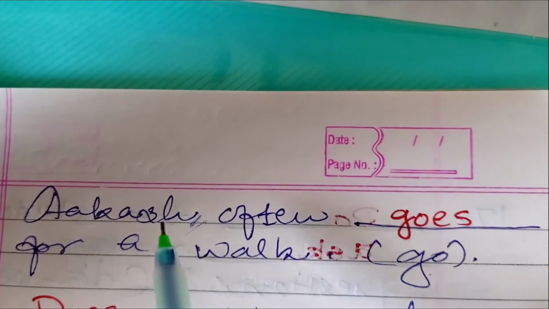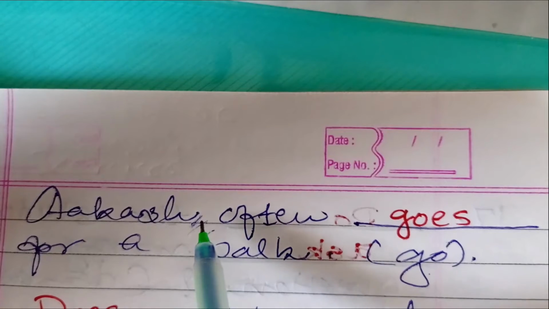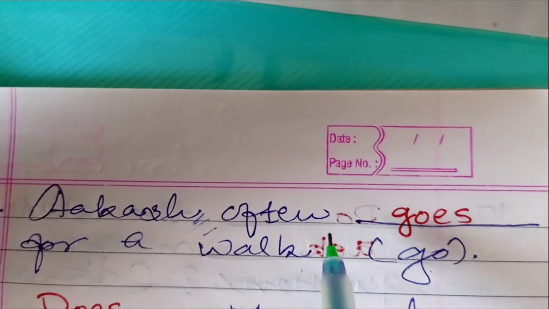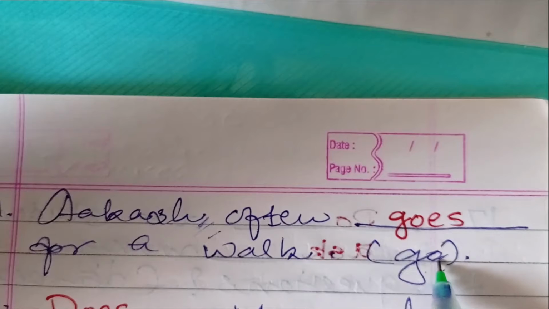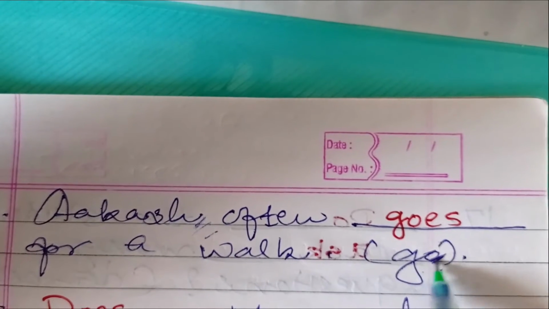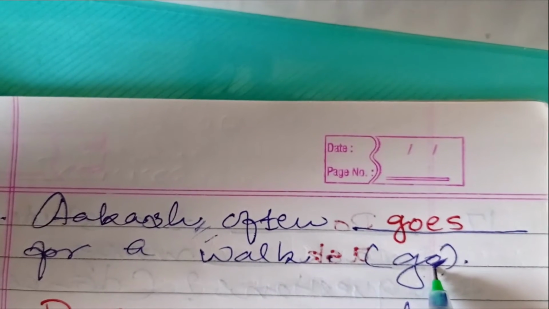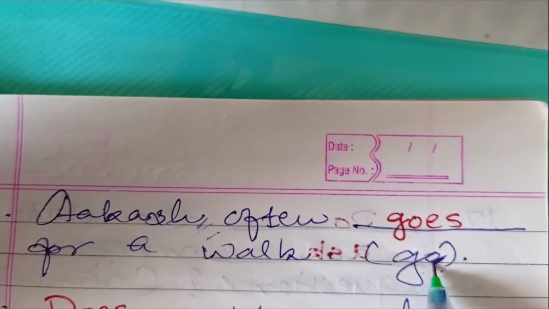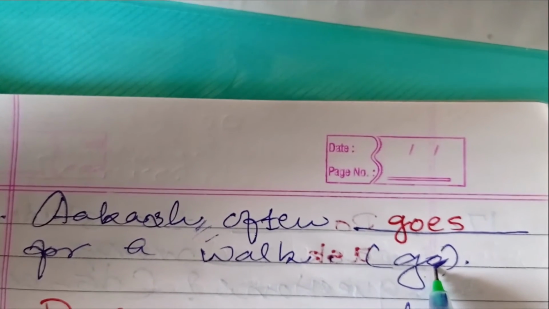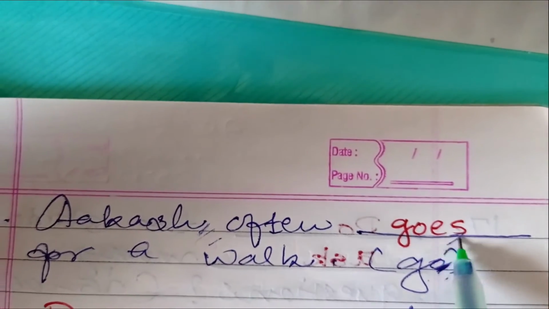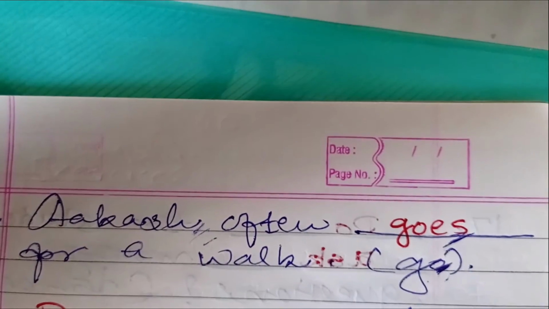So with third person singular we always put s or es, and the rule is when the verb ends with ss, ch, sh, x, o, then we have to add es with the third person singular.